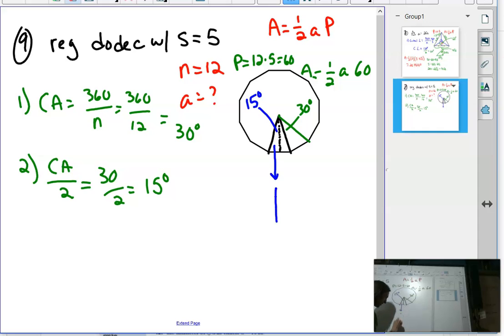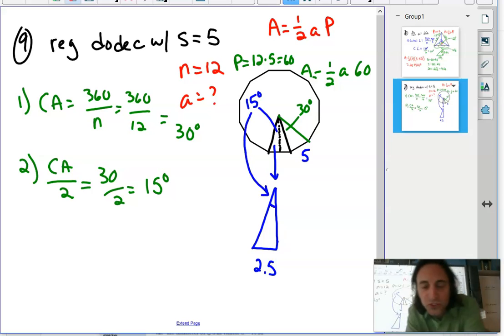And when I do half of it, I get this. So I know this is 5, and half of 5 is 2.5. And if you're having a hard time seeing where I'm getting these numbers from, each side basically has a triangle that goes into it, and I'm splitting each one of those triangles in half.